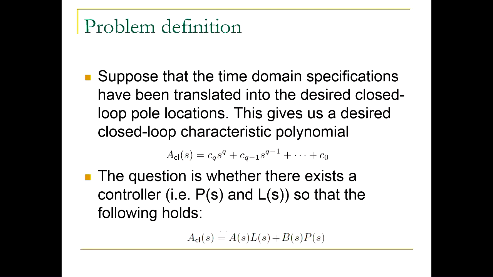Then, obviously, I can't arbitrarily place the poles. The location of poles will be on the root locus corresponding to that case. But if I have more parameters to play with, then I can actually solve this equation, no matter what ACL is, no matter how high the order of this polynomial is.